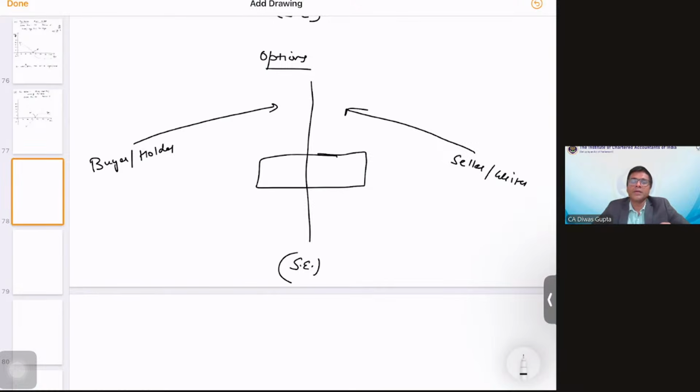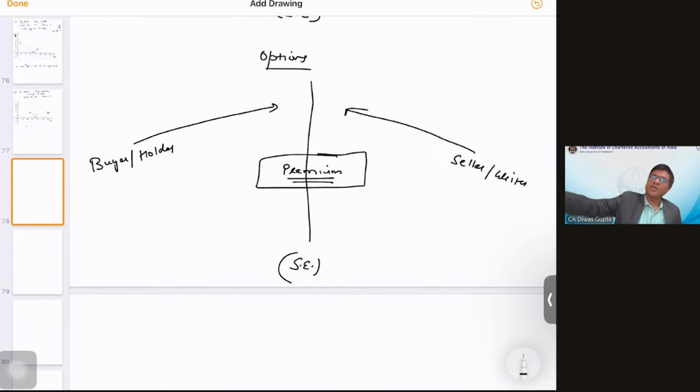What is the metric at which the buyer and holder will be there on this stock exchange? The correct answer is premium, because premium is the pricing of that option.